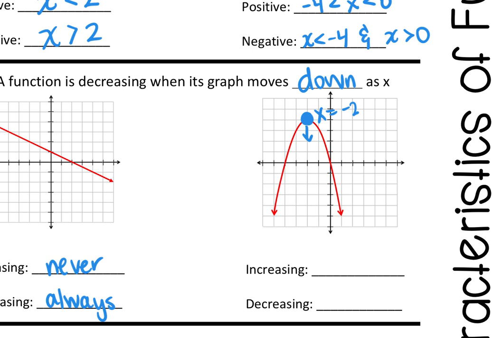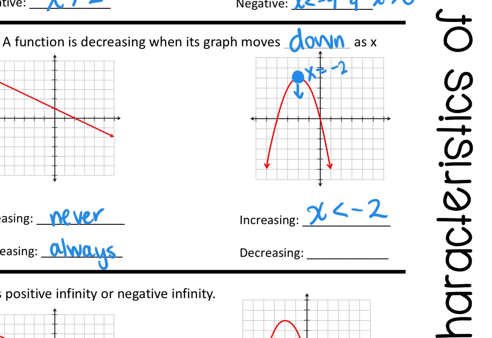So this graph was increasing first, right? It's going up and then it's going down. So it was increasing before -2. So that's where our x values are less than -2. That's where it was going up. Then, all of a sudden at -2, it started going down. So for any values after -2 is where it's decreasing.